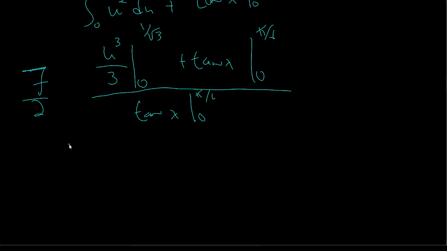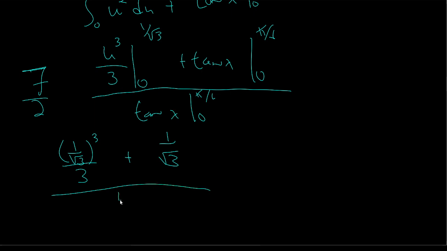U cubed is 1 over root 3 cubed divided by 3, put in the 0, that's 0, plus 1 over root 3. And downstairs I'll get 1 over root 3. All times 7/2.